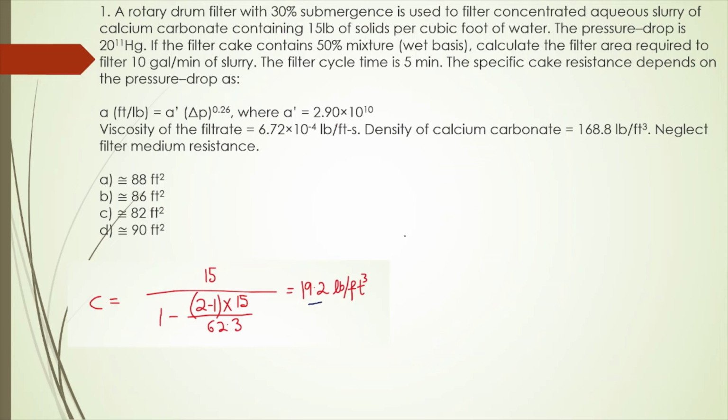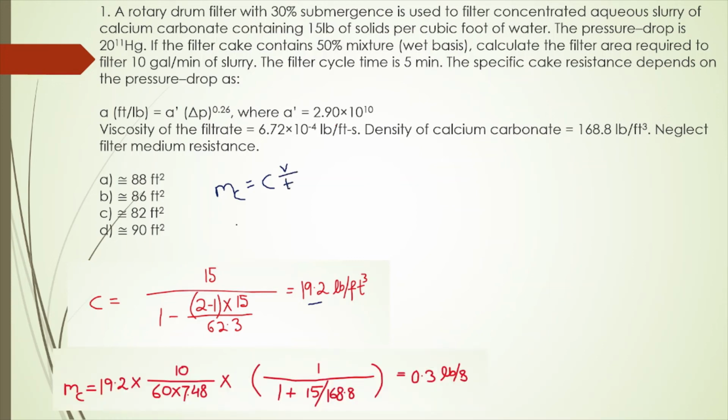Alright, now you know that MC is given as C into V by T. Alright, so V is the volume of the filtrate, T is the time. So if you put the value of C in the formula for MC, then you will be able to calculate MC.